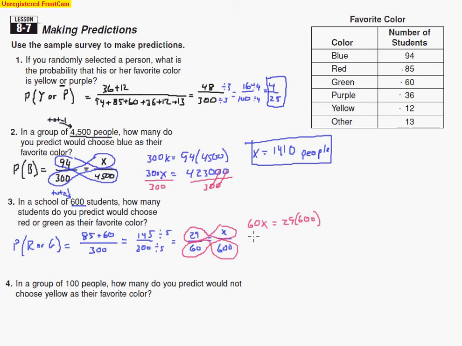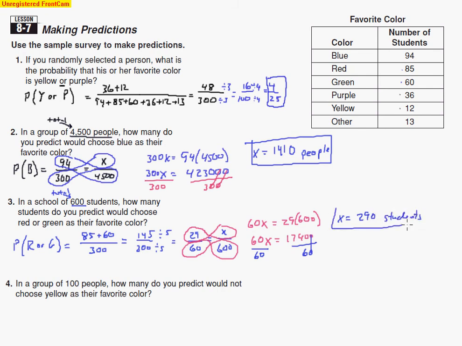We multiply the 29 and the 600, and we get 17,400. So all you have to do from there is some division. We'll divide by 60, and these zeros will cancel out. And so x ends up equaling 290 students.